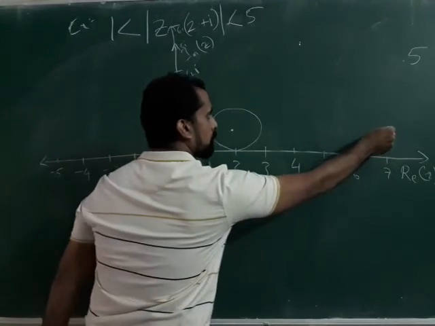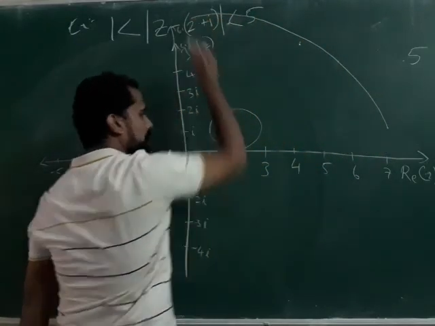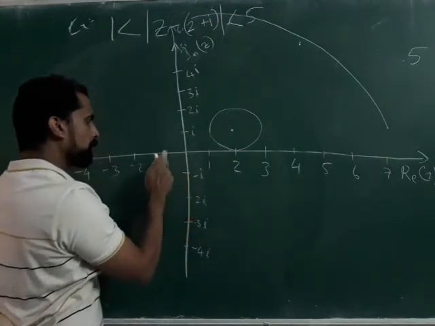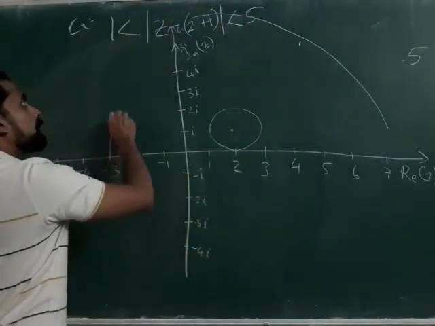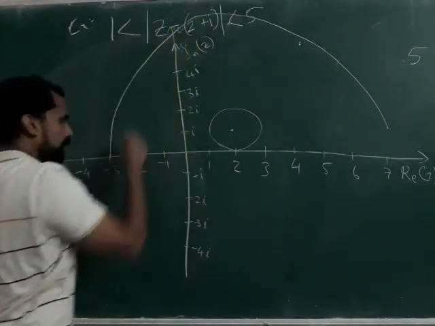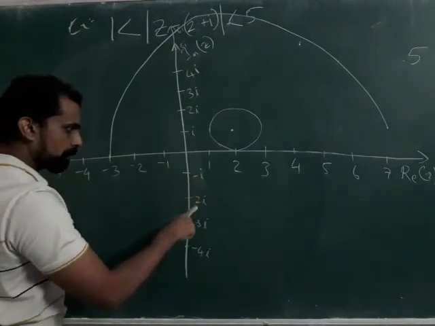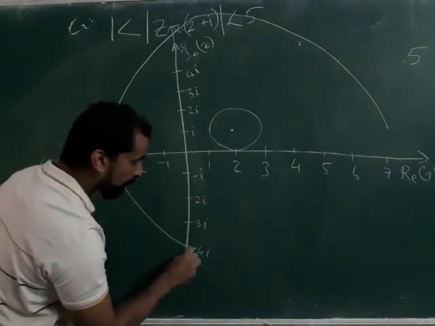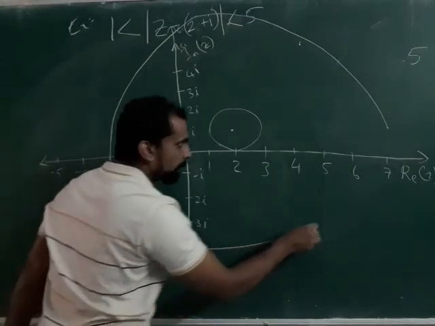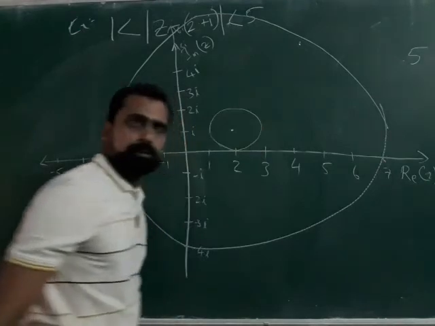So you just make a drawing, and here 1 unit, 2 unit, 3 unit, 4 unit, 5 unit, so it touches here, and this 1 unit, 2 unit, 3 unit, 4 unit, 5 unit. Okay, this is not that perfect, still you bear with me.